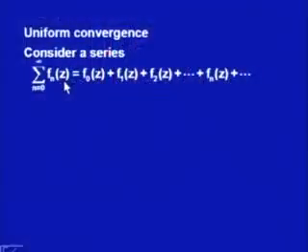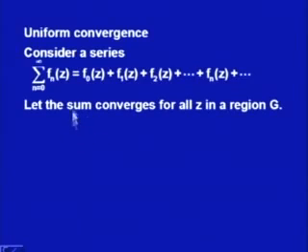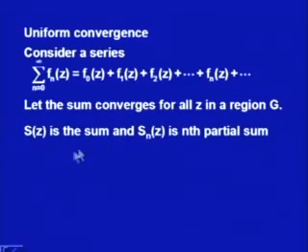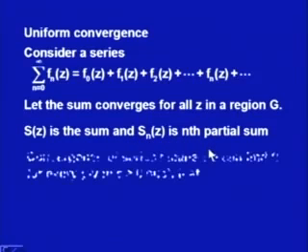To define uniform convergence, consider a series of functions of z, the summation from n equal to 0 to infinity of f_n(z), which is f_0(z) plus f_1(z) plus f_2(z) plus f_n(z) and so on. Let the sum converge for all z in a region G, and S(z) be the sum of this series, and S_n(z) be the nth partial sum of this series.